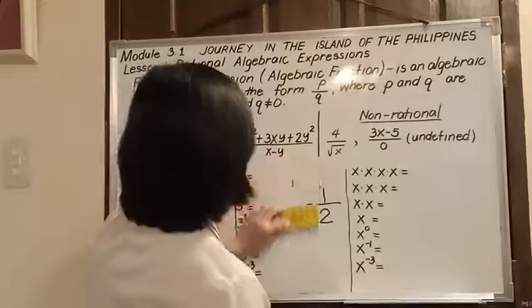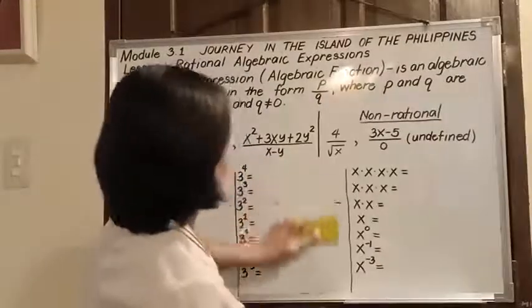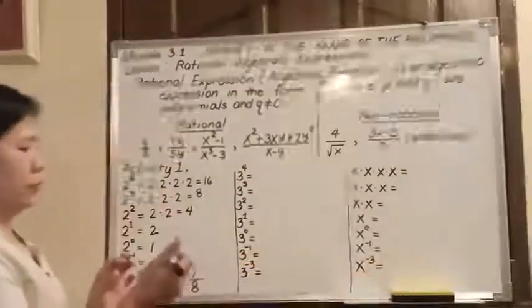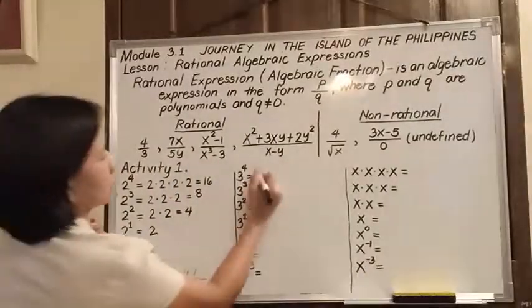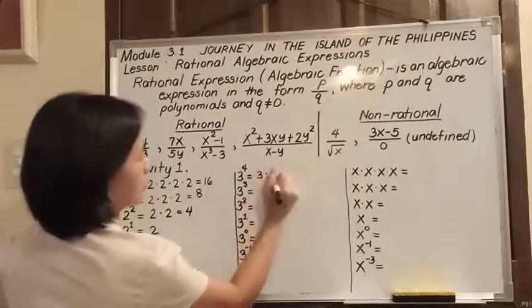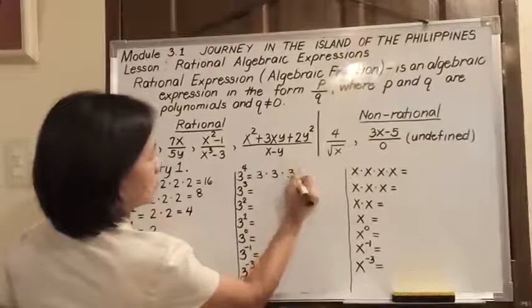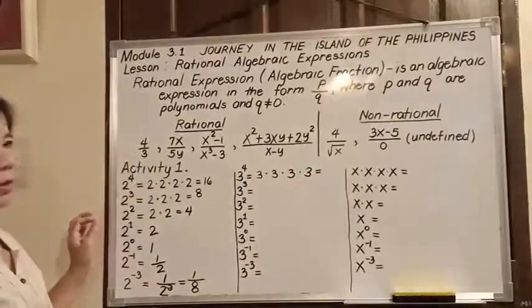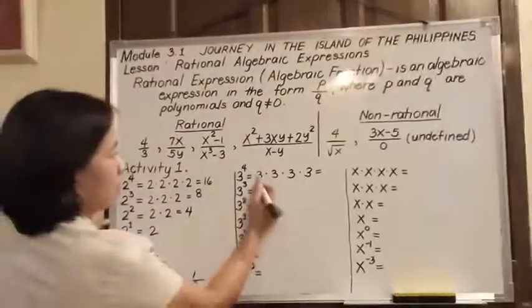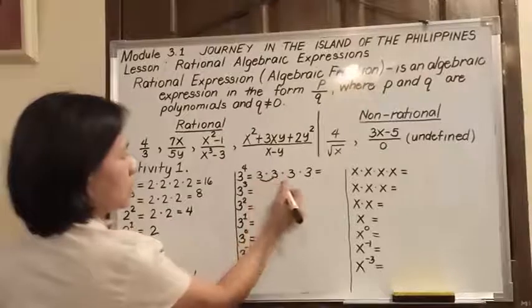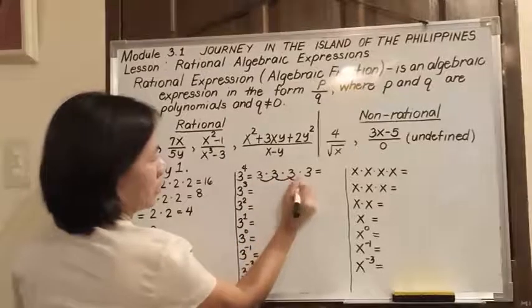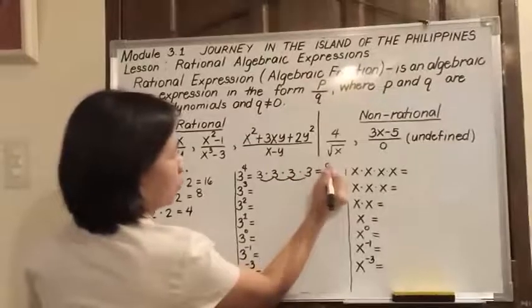Next column. This time our base is 3. For positive exponents, 3 to the fourth power is 3 times 3 times 3 times 3. So multiplying the base by itself 4 times, we have 3 times 3 is 9 times 3, 27 times 3, we have 81.